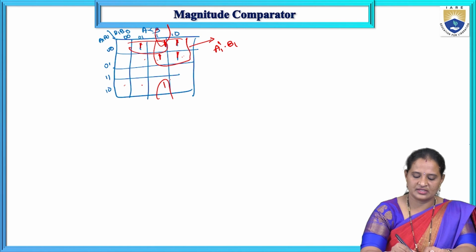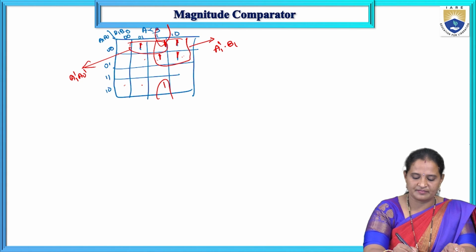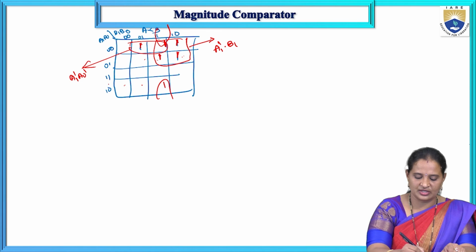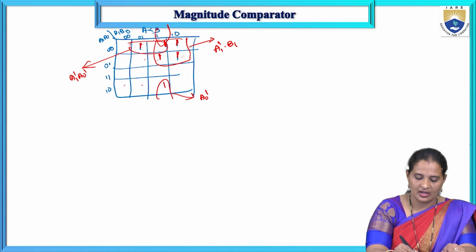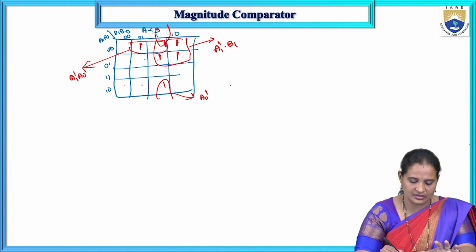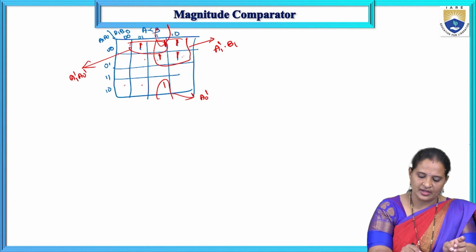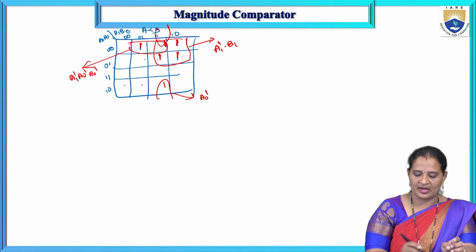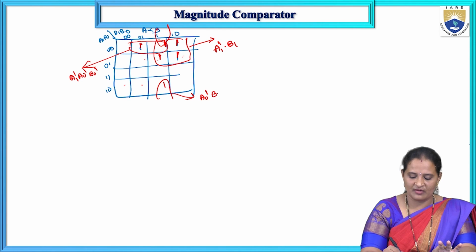Now for this pair, A1 complement A0 complement. Here A1 is varying, eliminate, A0 is common, so A0 complement. Here, this is A1 complement, A0 complement, and B1 is varying, B0 is common, so B0 complement. And coming to this one, A0 complement, and then B1, B0.